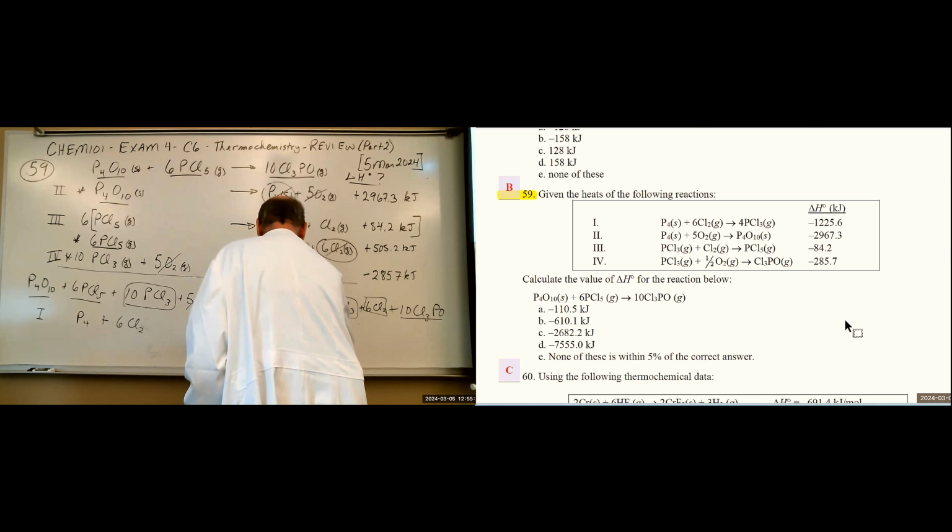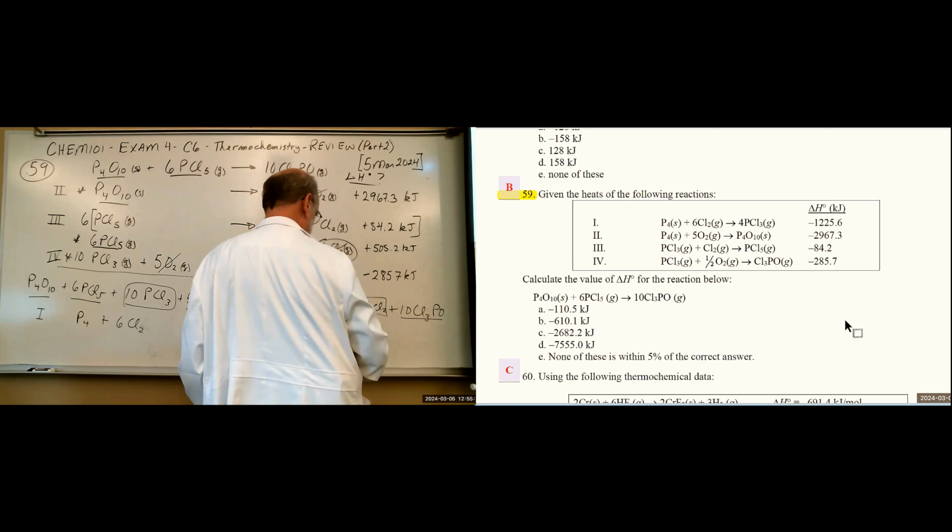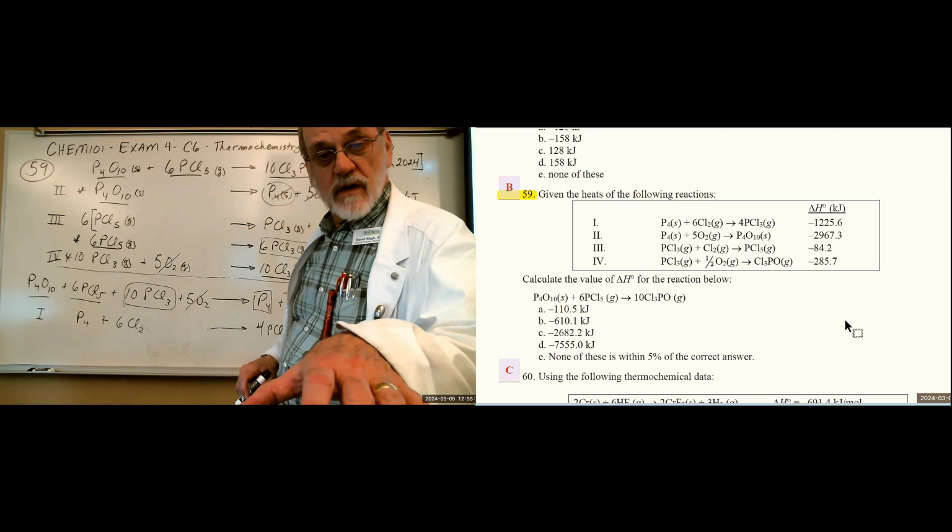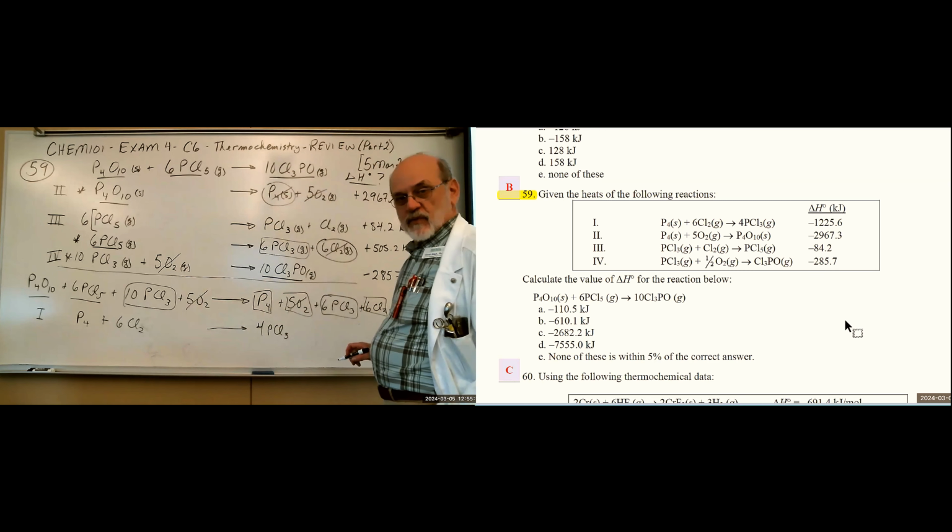Okay. And the value for that was minus 285.7.